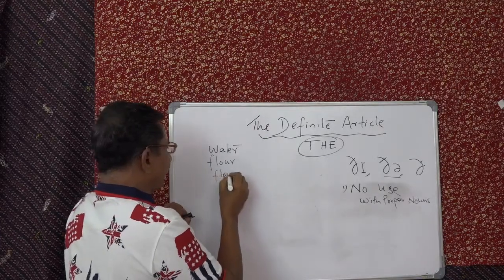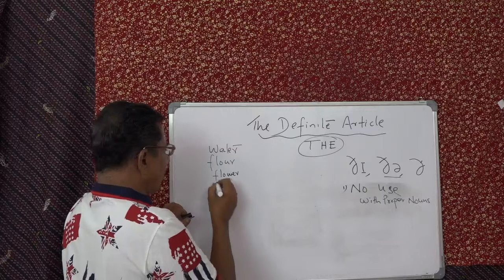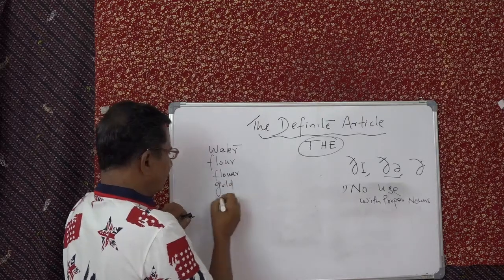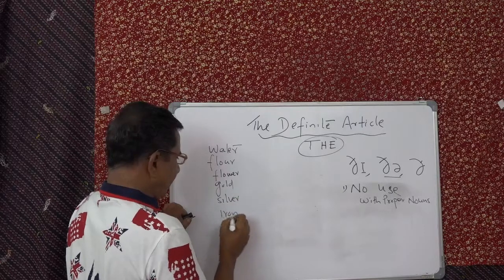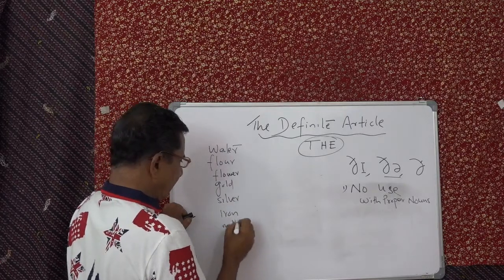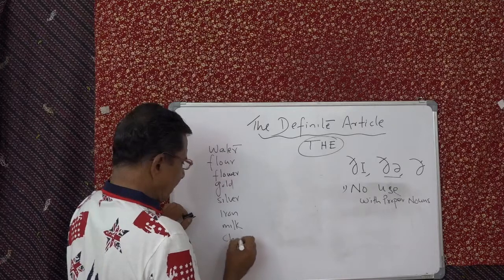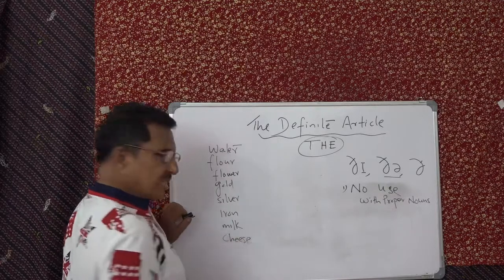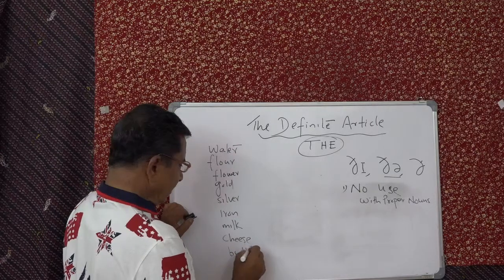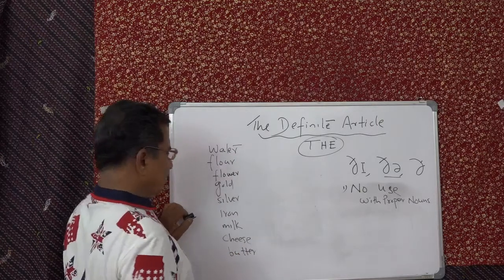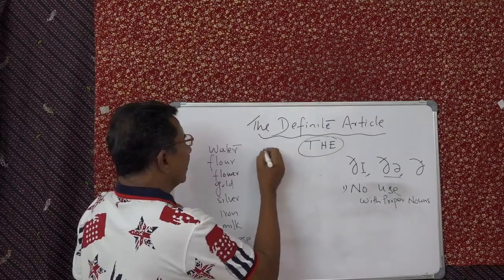Flower, F-L-O-W-E-R, gold, silver, iron, milk, cheese, yes, butter.